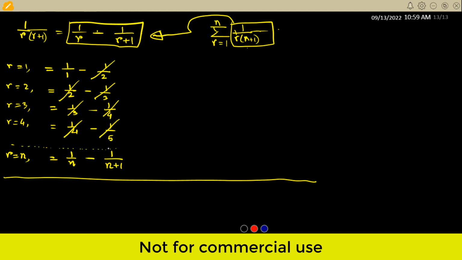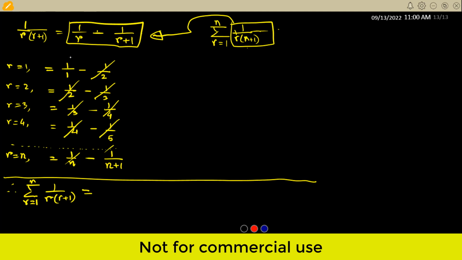Similarly, at the end, the term 1 by n from the n minus 1 term and this term will be cancelled.